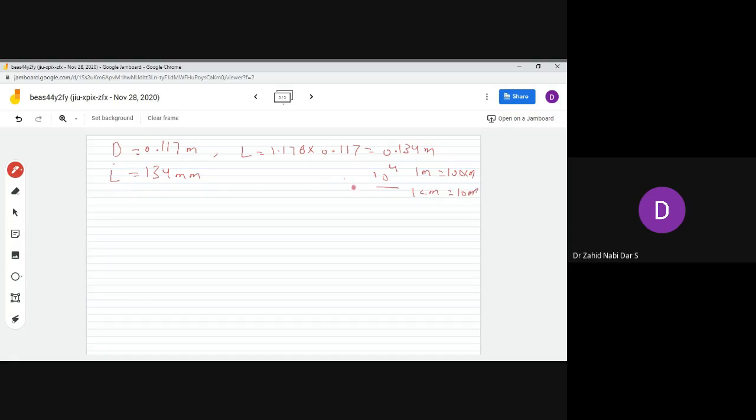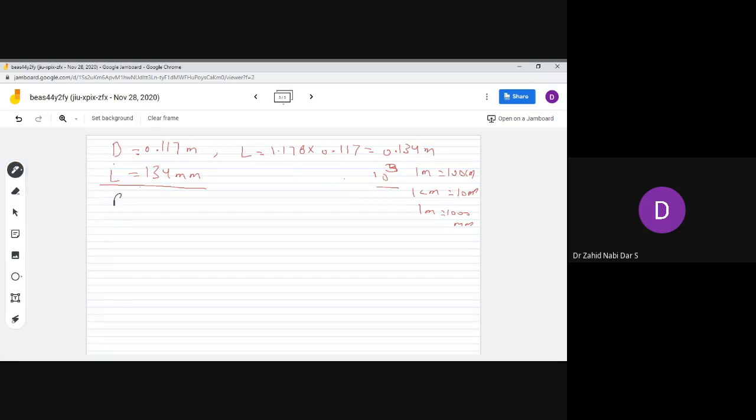So 1 meter would be equal to 1000 millimeter. So in terms of millimeter, L is equal to 134 millimeter. Now it has asked about something called radial ducts.